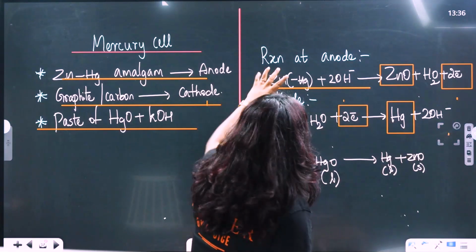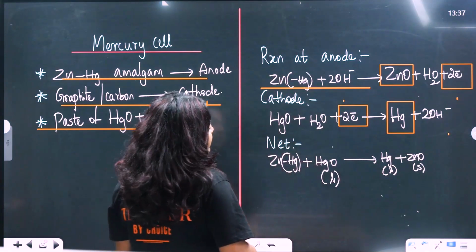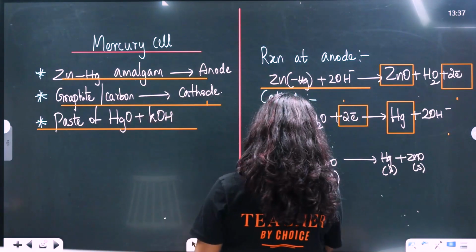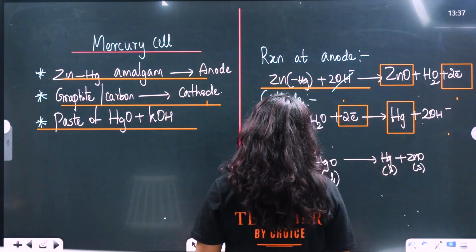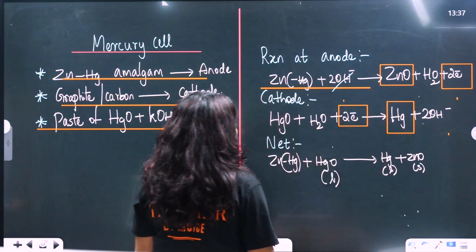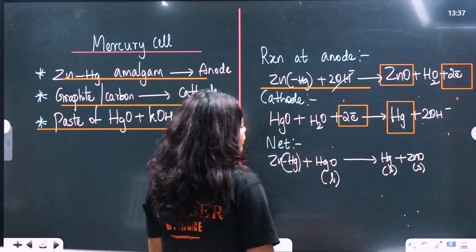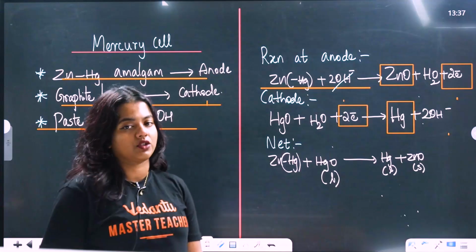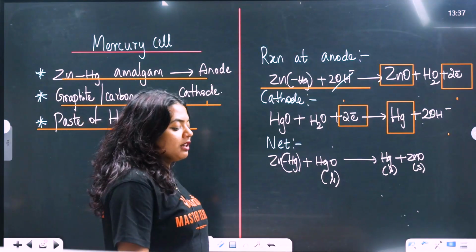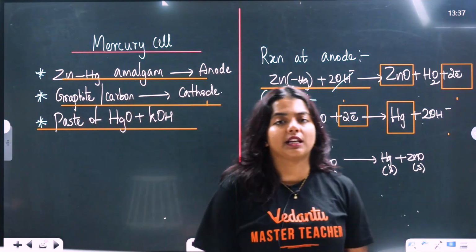In the net reaction, this and this will be cut off, 2 electrons cut off, water cut off. So ZnHg plus mercuric oxide gives mercury plus Zn oxide, which is in solid state. This is the reaction happening in the mercury cell.